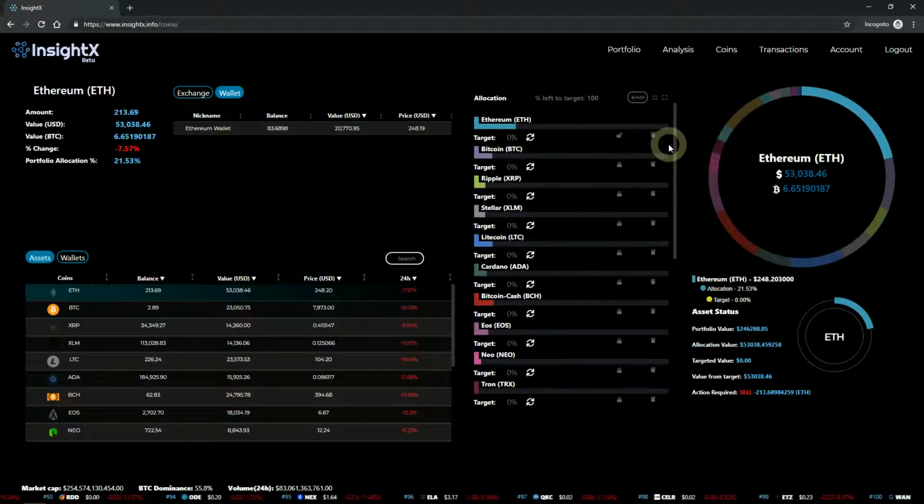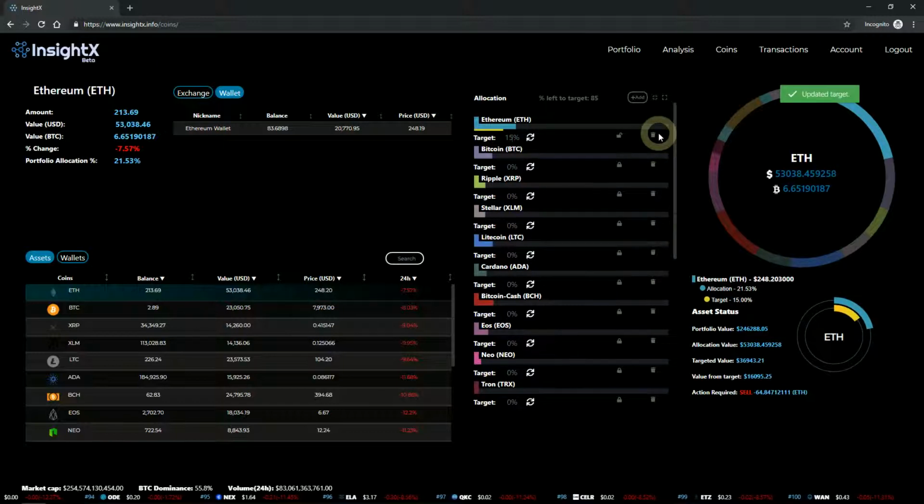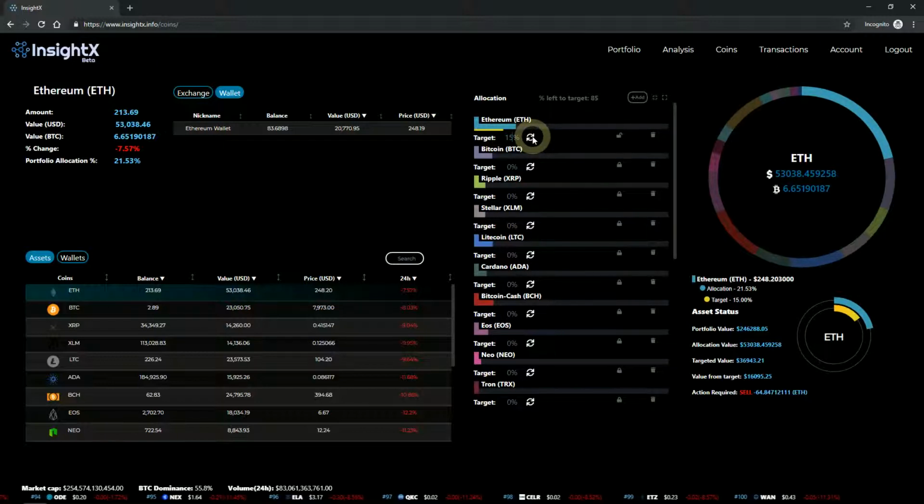Let's say we want to target 15% Ethereum. You get a little notification that your target changed. You see this yellow bar showing you your target, and you're seeing your actual allocation. So you know that you have a little more Ethereum than you would like if you're targeting 15%.